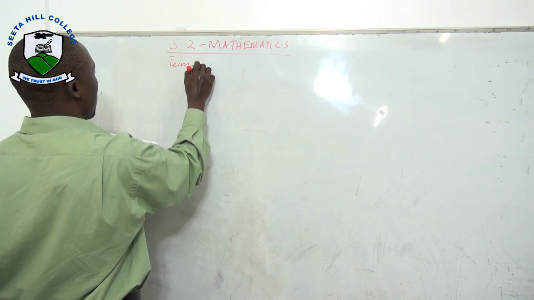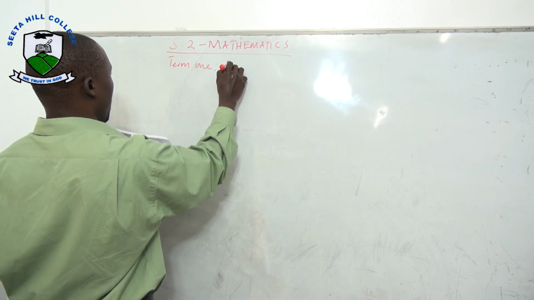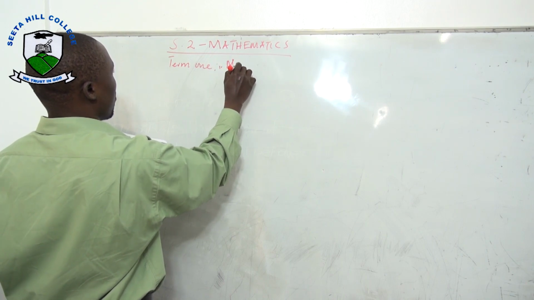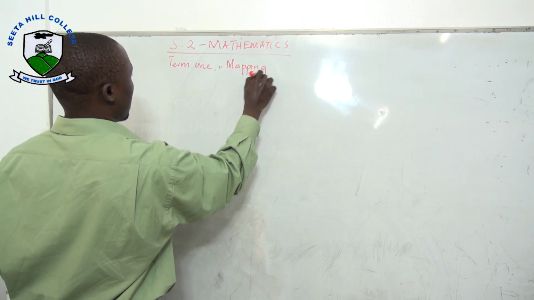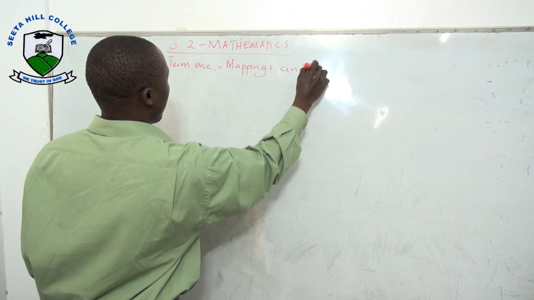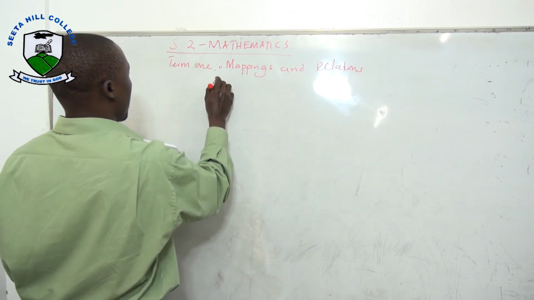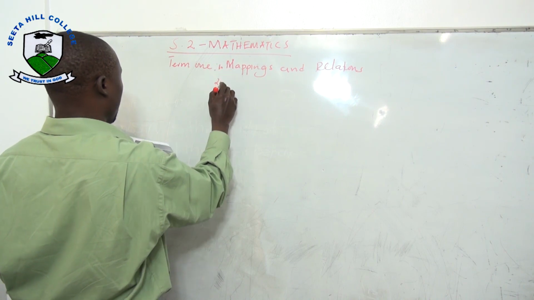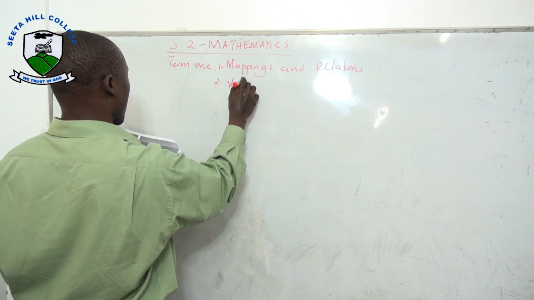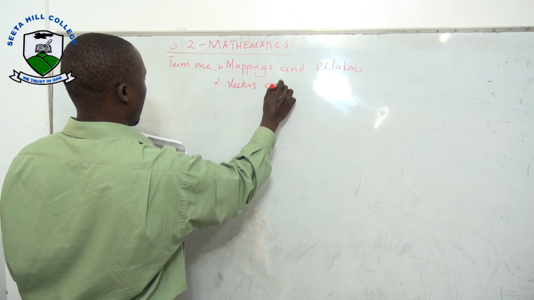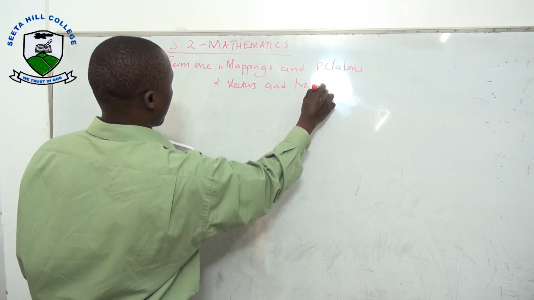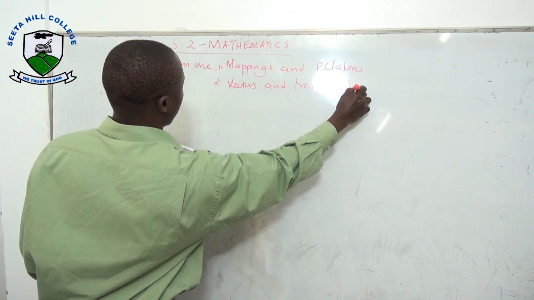Now term 1, we have mappings and relations. Then 2, vectors and translation.